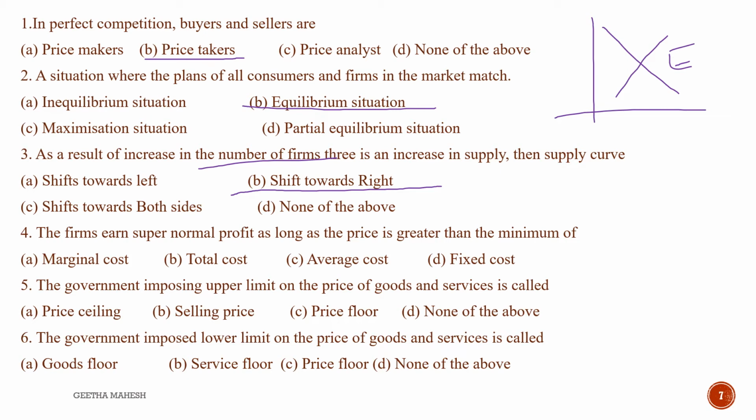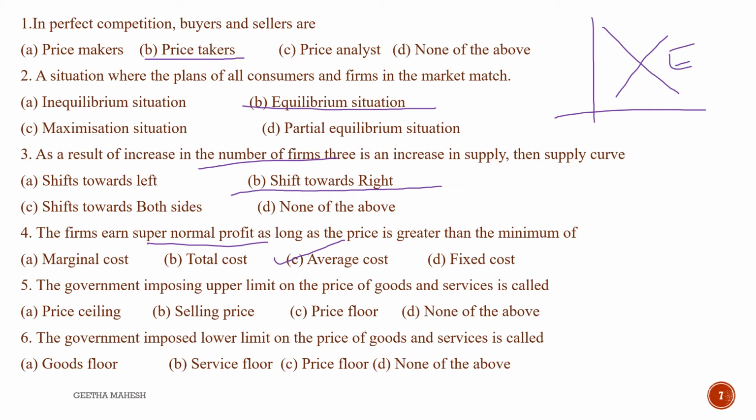The firm earns supernormal profit as long as price is greater than the minimum of marginal cost, total cost, average cost, fixed cost. It is average cost. As long as the price is greater than average cost, the firm earns supernormal profit.